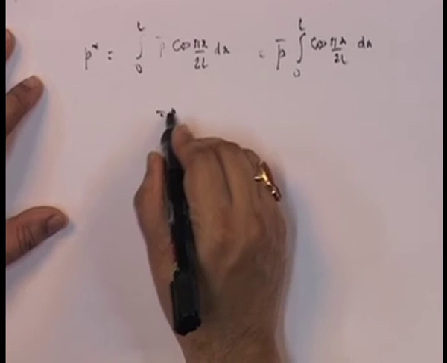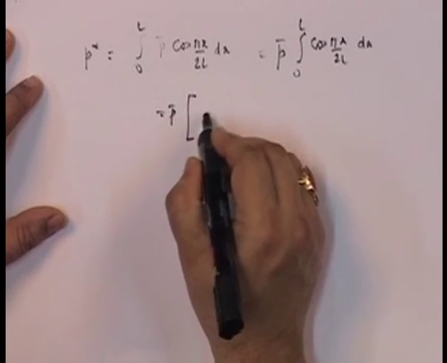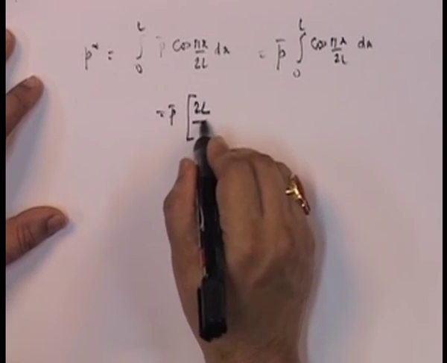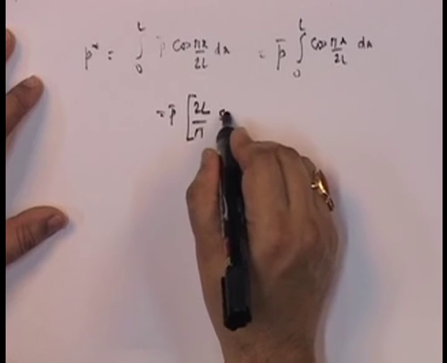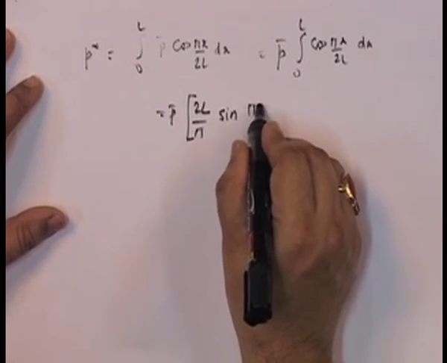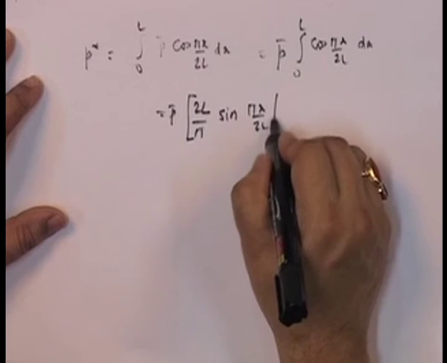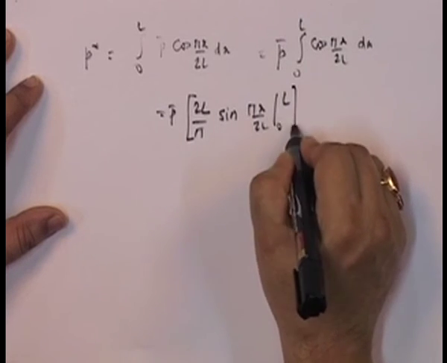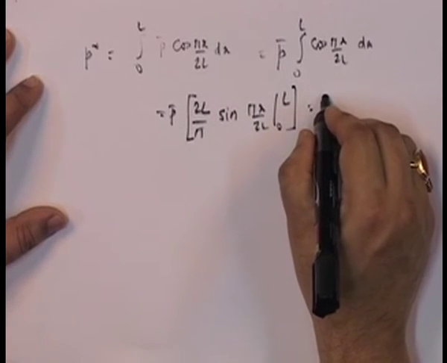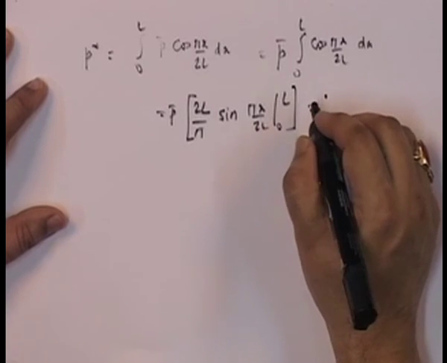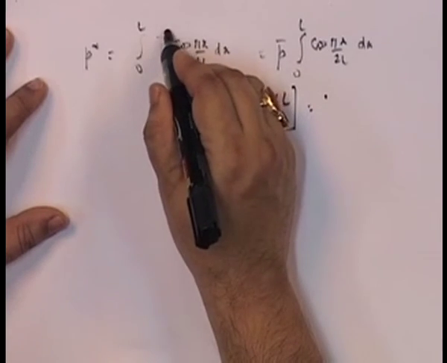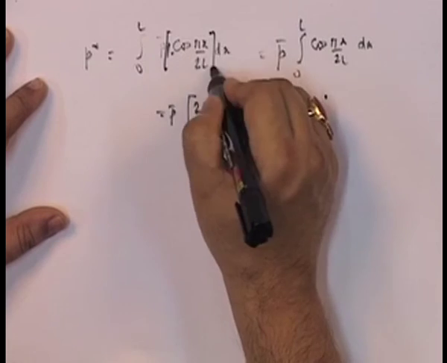This is equal to p bar into 2L upon pi sine pi x upon 2L from 0 to L. So, what we get is, I am so sorry, this is 1 minus cosine.